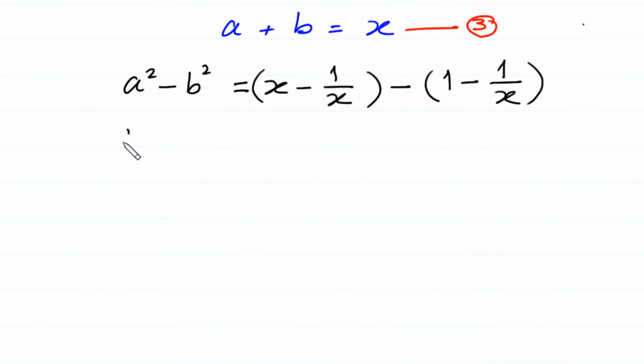Next, a square minus b square is equal to x minus 1 over x.